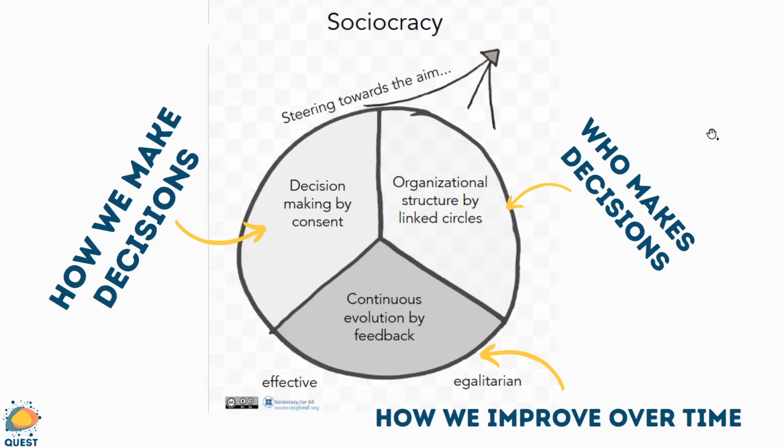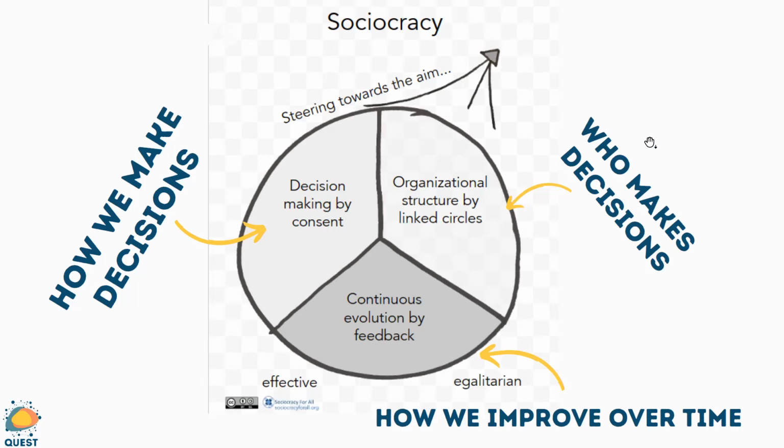The first two are connected with every form of governance. In sociocracy, we also have the improvement part, which is always connected with the governance. That's why we call it a dynamic governance method, because it improves over time.